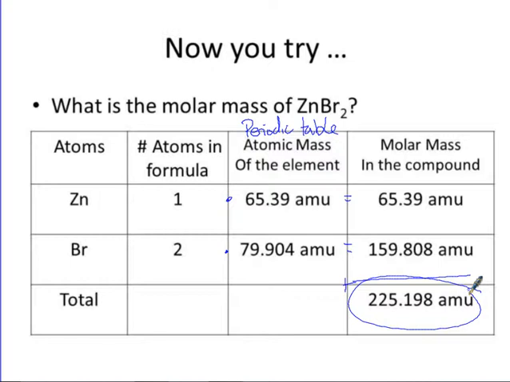If you notice here, this is an AMU. And essentially, for functionality, AMU is going to be interchangeable with grams per mole. AMU is the formula mass, grams per mole is the molar mass. Numerically, they equal each other. So 65.39 AMU equals 65.39 grams per mole. So don't worry about that.